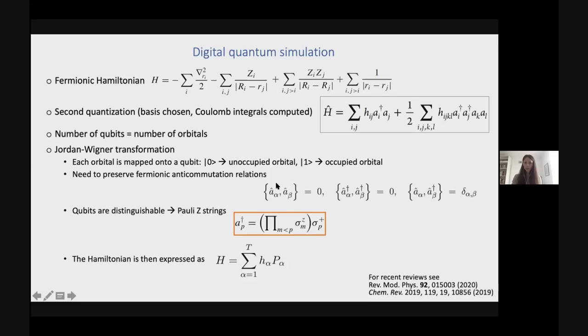And this works out so that these relations hold. At the end of the day, we pick a way to map. Here we focus on Jordan-Wigner, although most of what I'll talk about can be generalized to other transformations. And we transform the Hamiltonian to a sum of weighted Pauli terms, shown here, Pauli strings.